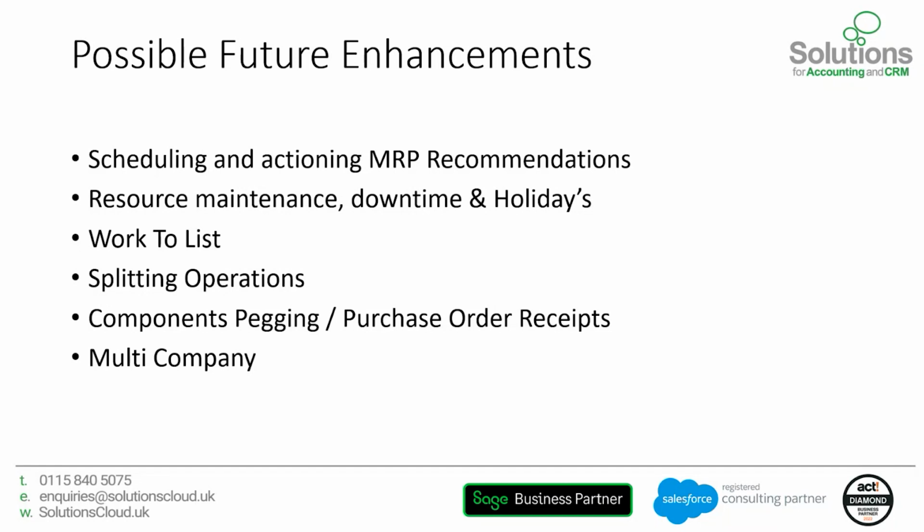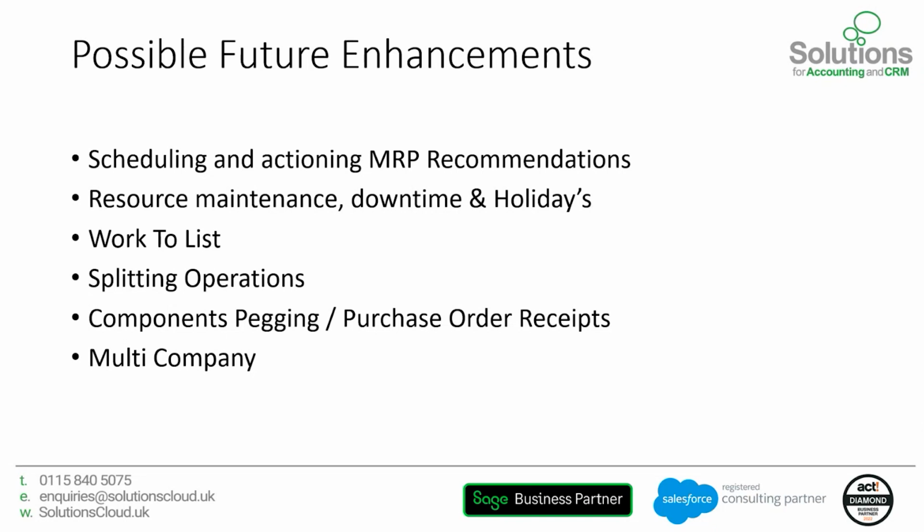Another area that the system doesn't have at the moment, but is under consideration for future releases, is the ability within the scheduler to recognize either planned maintenance machines or expected downtimes of machines, or in the case of labour elements, holidays.